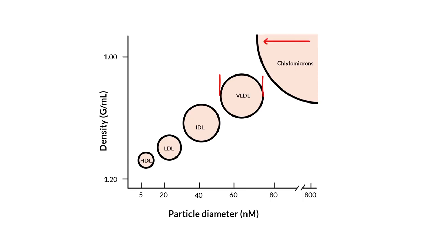And this change in size actually has functional significance, because as the triglyceride is removed from the VLDL, enough has to be removed to make the IDL small enough to actually fit into the space of Disse in the liver, because that's where the liver lipase is going to act to further modify that IDL into LDL. So density matters, size matters, protein structures matter, and the amount of triglyceride matters.